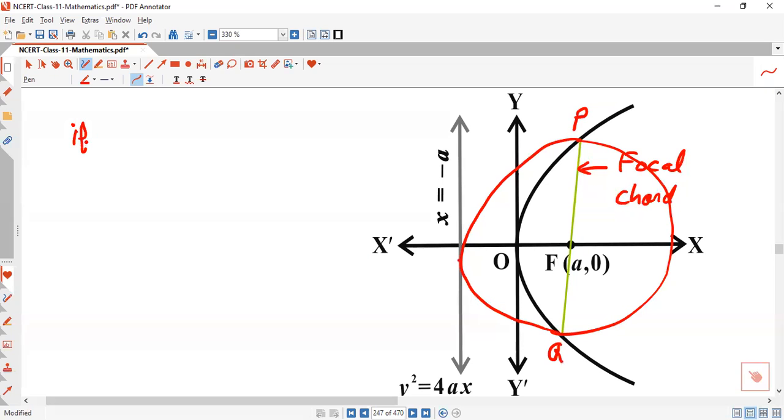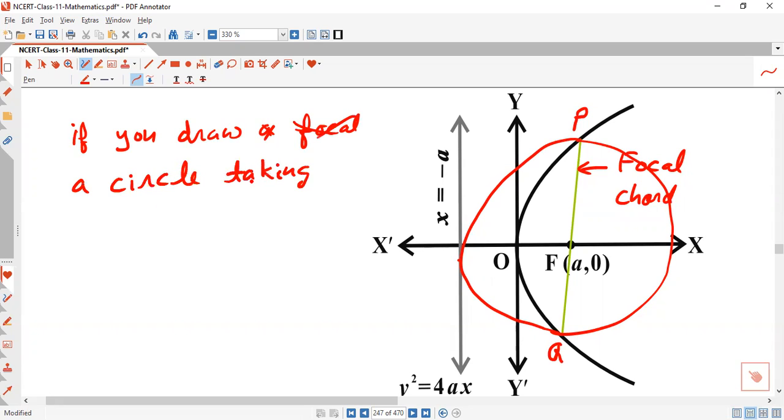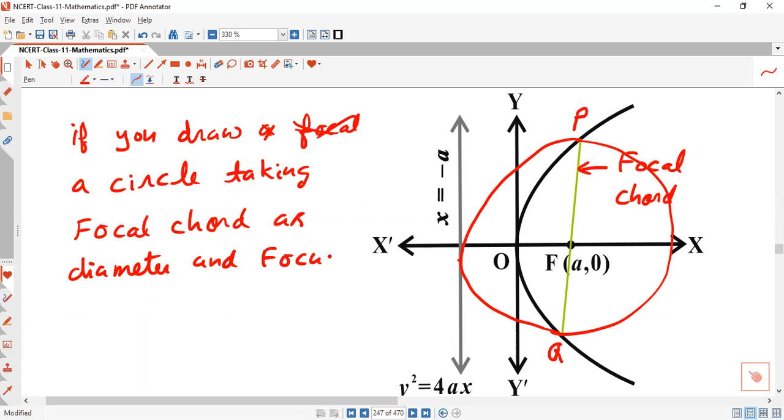If you draw a circle taking the focal chord as diameter, you will find that it will always touch the directrix.